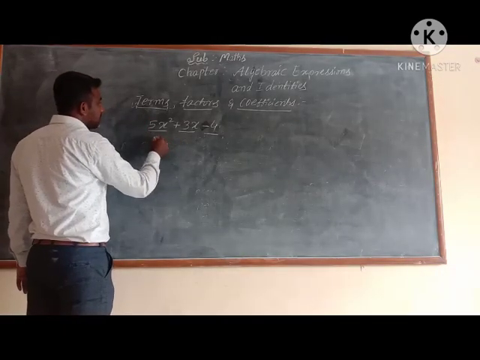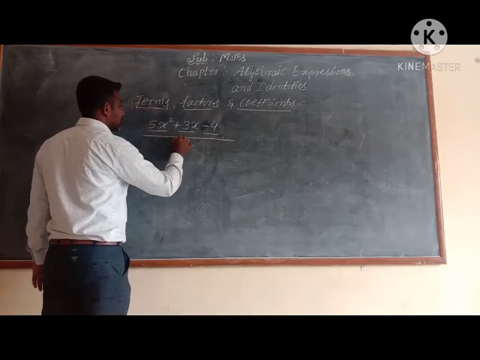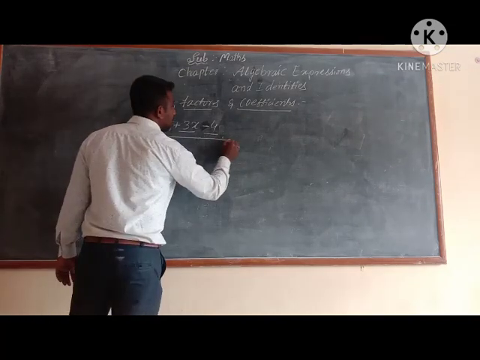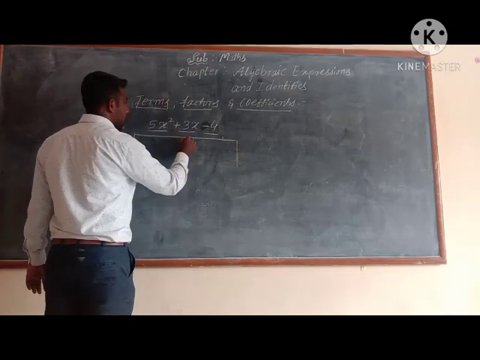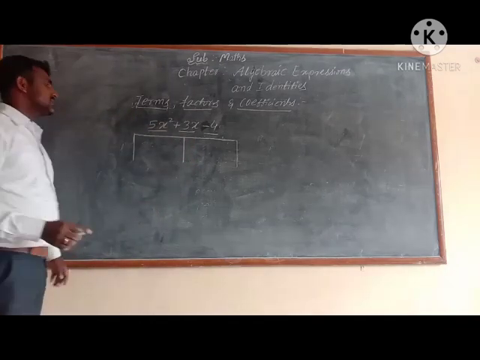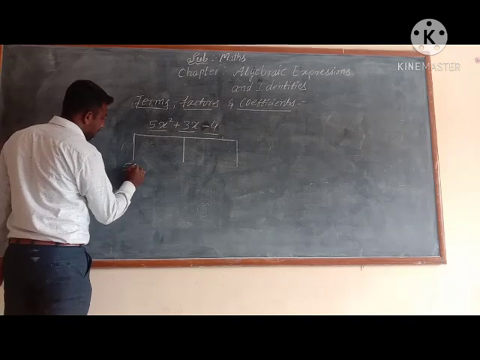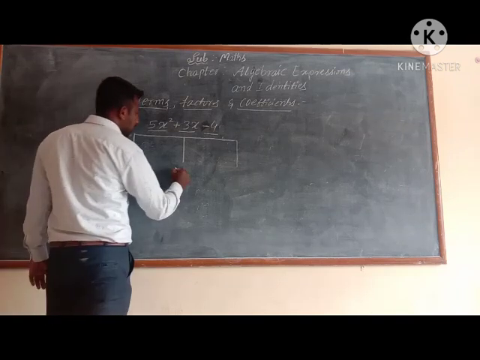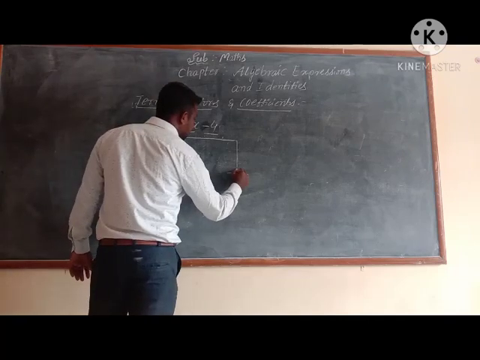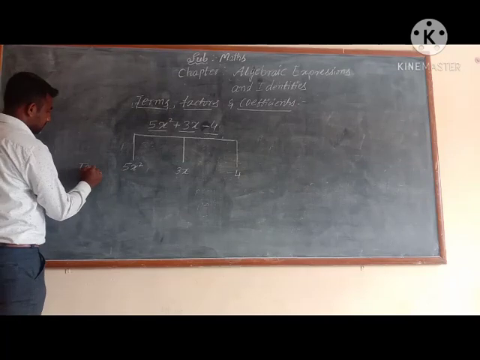We can write terms separately. This algebraic expression contains three terms: 5x square plus 3x minus 4. These are called the terms.